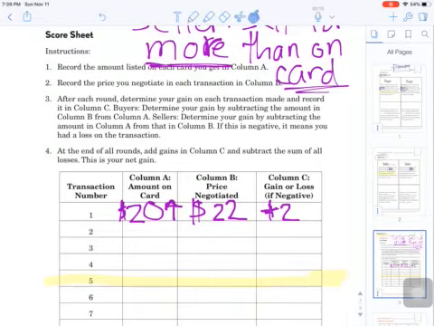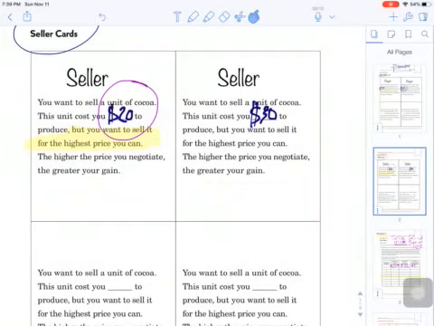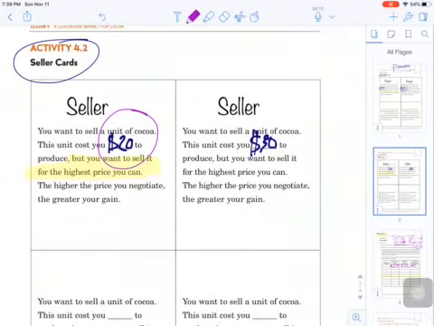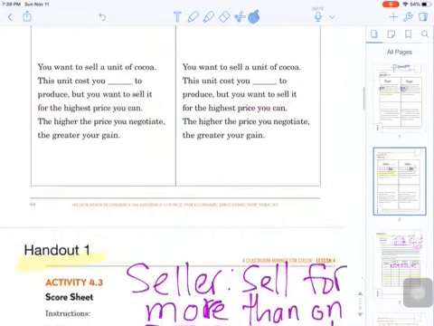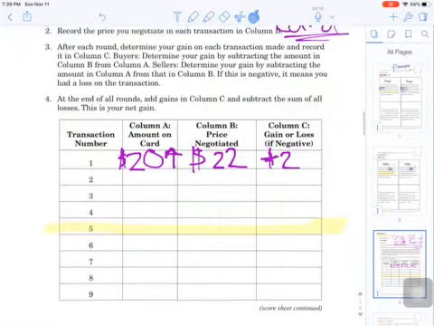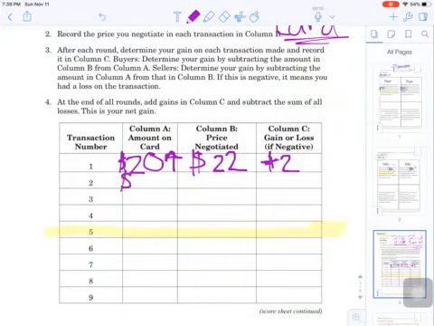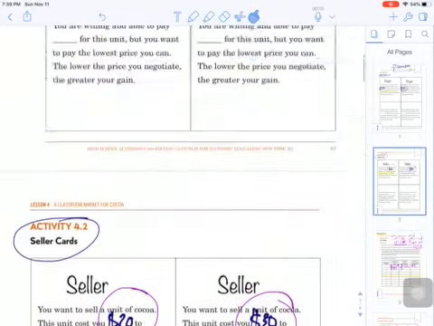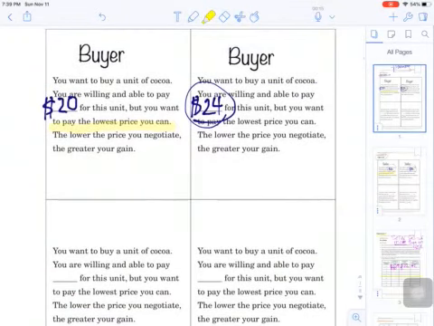Okay, if I go to my next card, and my next card is 30, that's a big number. Okay, $30 is on my card. Okay, and I negotiated a price, and let's say I go up here and I meet this person selling for 24.